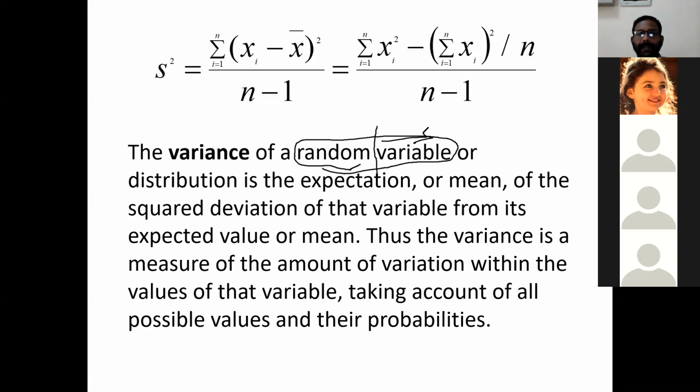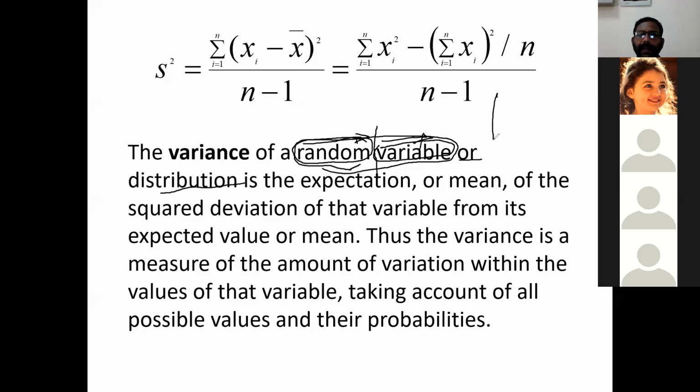A random variable means any value of that variable can occur; they have a chance to occur. That is called a random variable. We will see that later, or distribution.